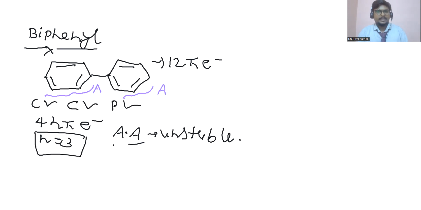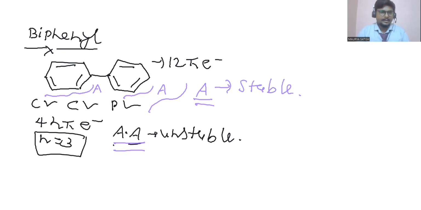If you combine these two aromatic rings, it becomes whole aromatic. That means it satisfies the aromaticity. It is not anti-aromatic, which is unstable. That's why aromatic is stable. Clear? Biphenyl, I think clear to everyone.